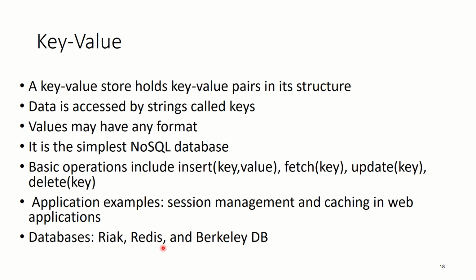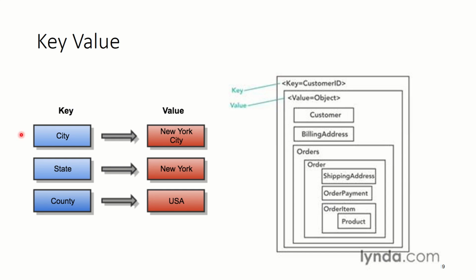You have Riak, Redis and Berkeley DB, which was one of the first key value databases. So you will have a key and a value associated with it, say city is New York, state is New York, and country USA, so each key has its associated value.